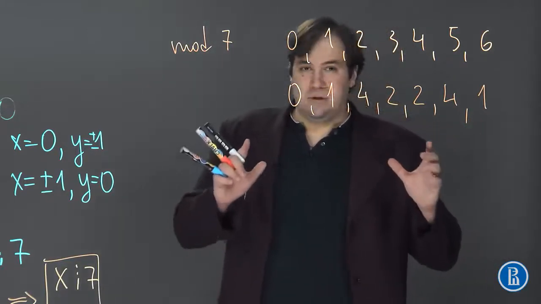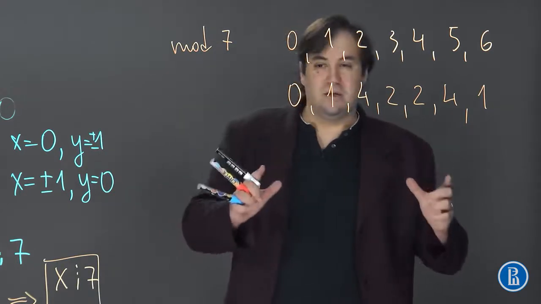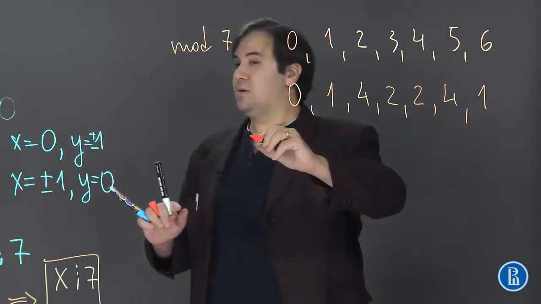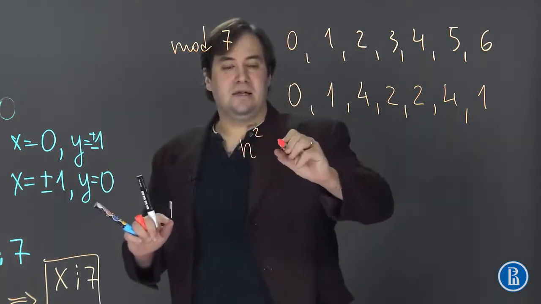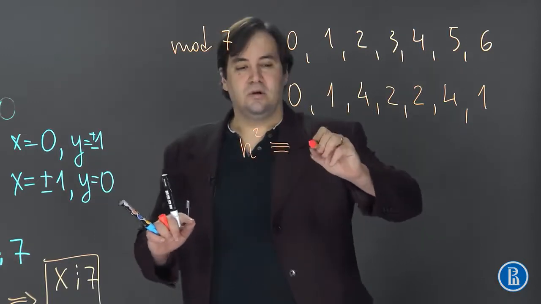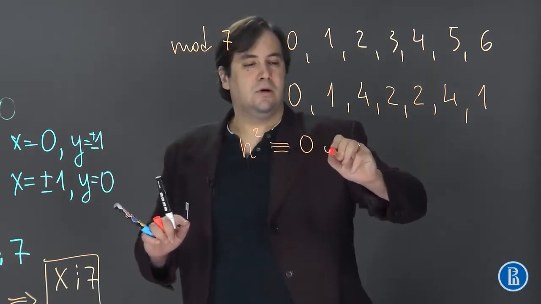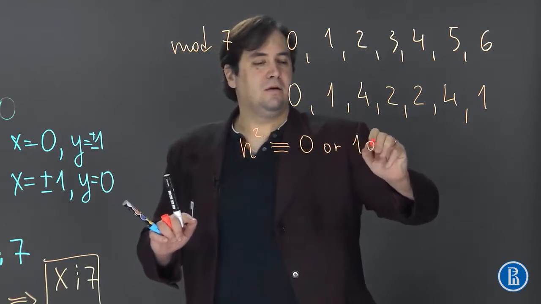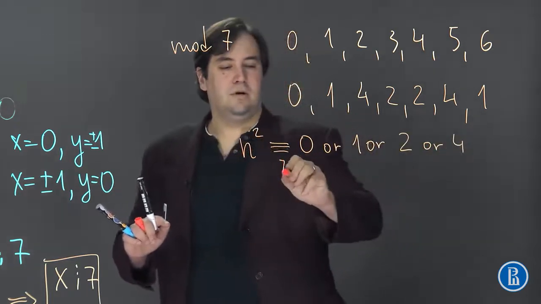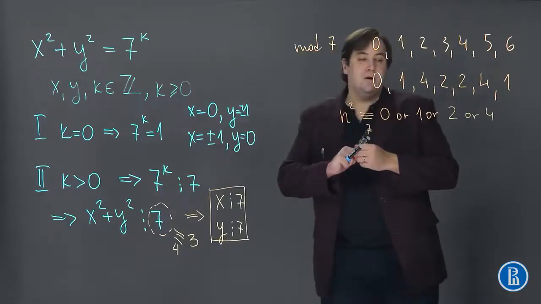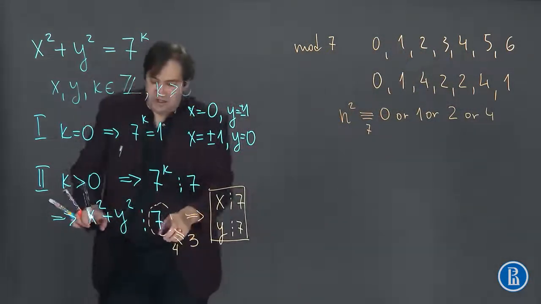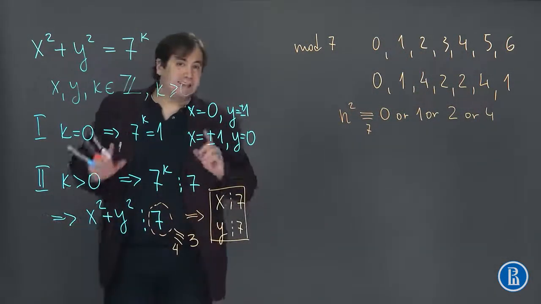So all possible remainders of squares of integers, any integer whatsoever, its square can be congruent only to 0 or 1 or 2 or 4 modulo 7. And now we return to this place over here. The sum of two squares must be divisible by 7.